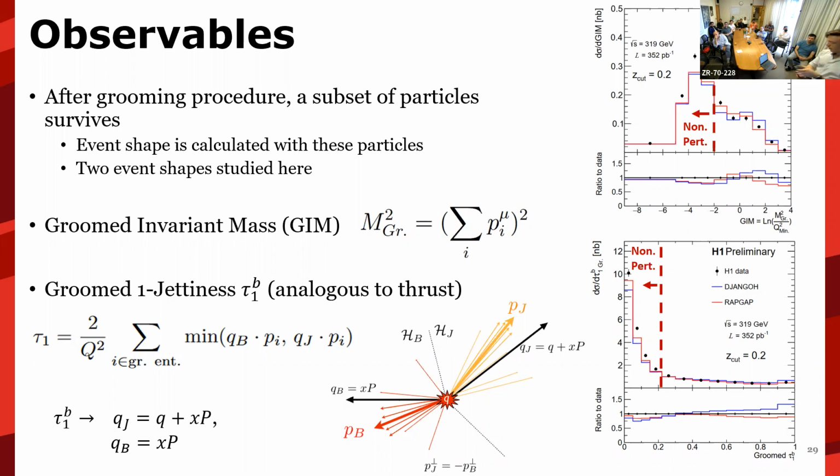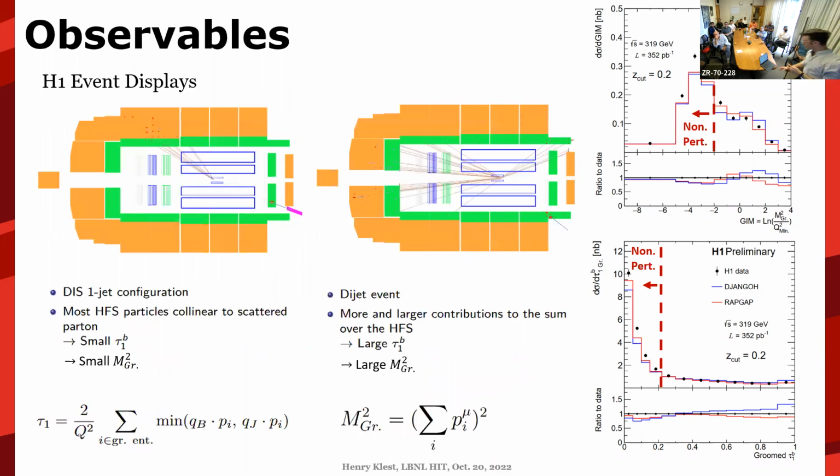And here I have some event displays, which are showing you the two regions that we have in these observables. So for both of them, there's a peak to the left, which is basically DIS single jet events, which are collimated, and you can learn a lot about hadronization and things like that inside of them. And then in the groomed invariant mass, there's this shoulder that corresponds to DIS dijet events.